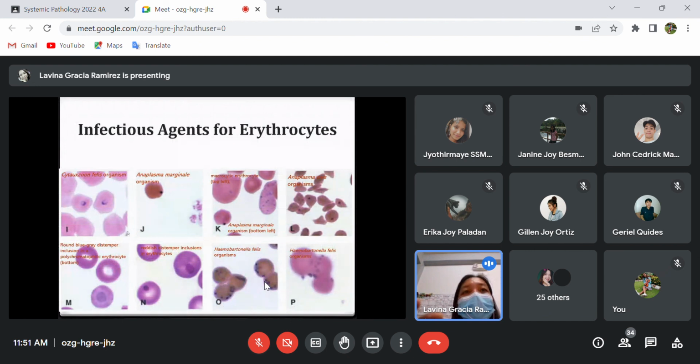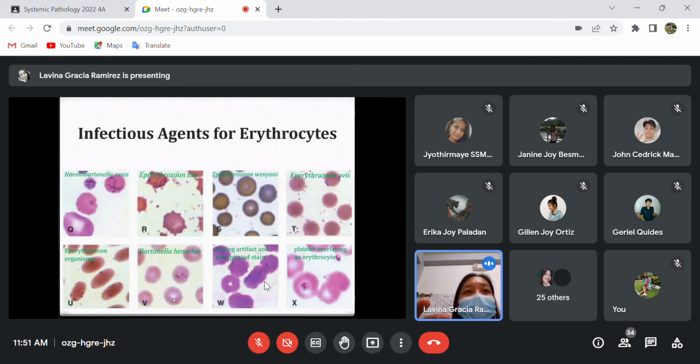So yan yung mga picture, Anaplasma marginale and Anaplasma centrale. So usually marginale, ayan. You also have the Anaplasma ovis, which is found in the center. So ito yung mga different parasites. There's also artifact precipitated staining, which can give you differentials in terms of viewing under the microscope.